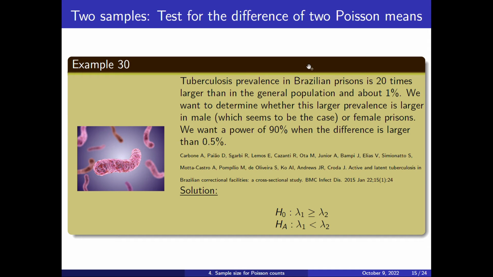So in the prisons it is 1%, outside the prisons it is 1% divided by 20. We want to determine whether this prevalence is larger in male prisons or in female prisons, and we want to have a power of 90% when the difference is larger than 0.5%. Okay, so now we will have two Poisson rates.